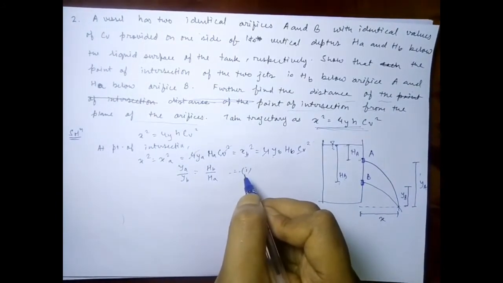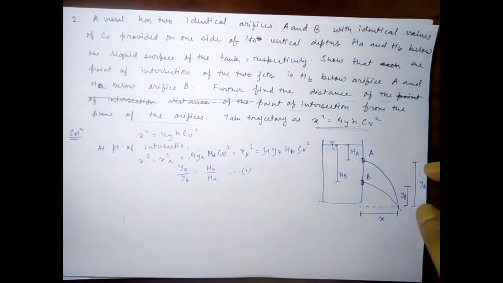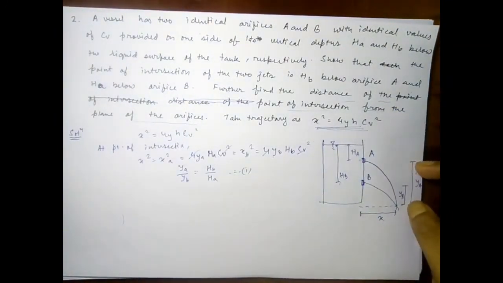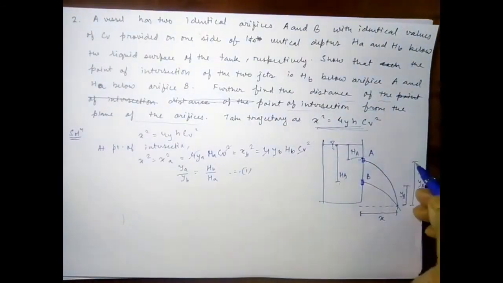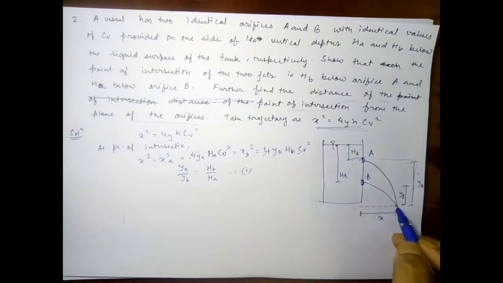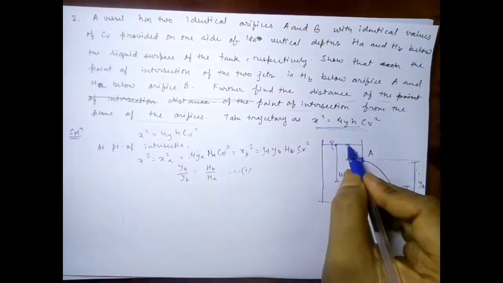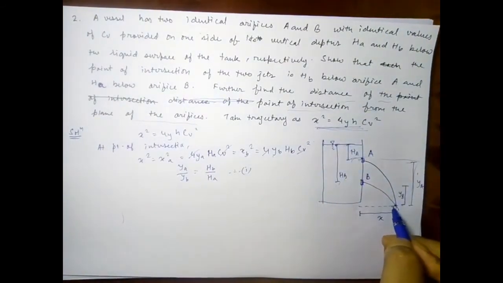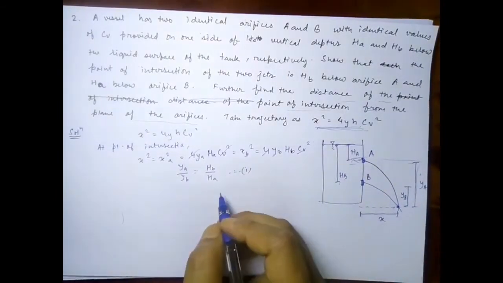Now also you can see that ha plus ya is equal to hb plus yb, right? Isn't it? They are meeting at a particular point here, hb plus yb below the top surface, and it is also equal to ha plus ya.